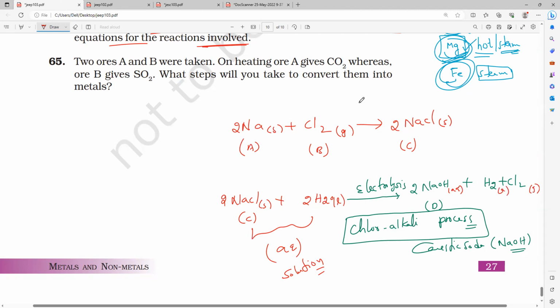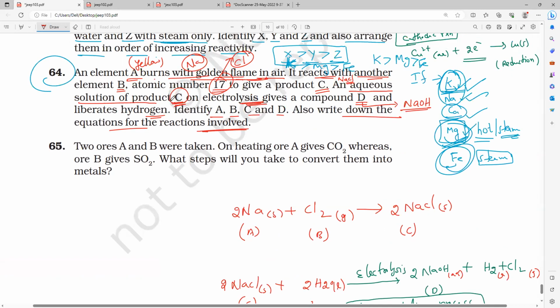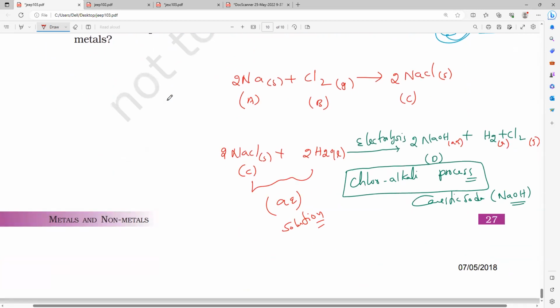Now, if I replace the aqueous solution with electrolysis of molten NaCl, then what products will come? Molten state, guys.